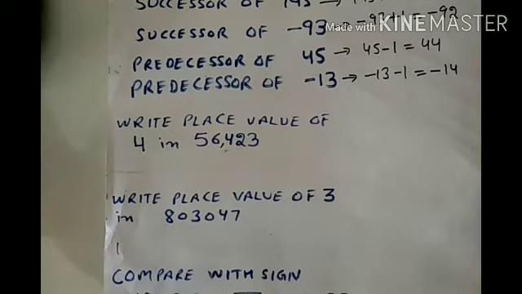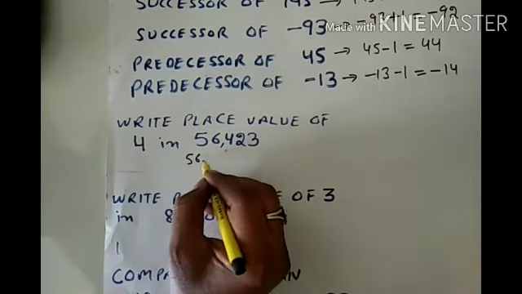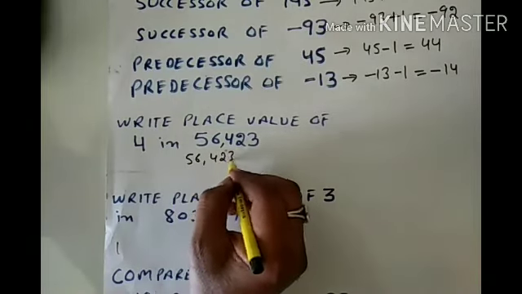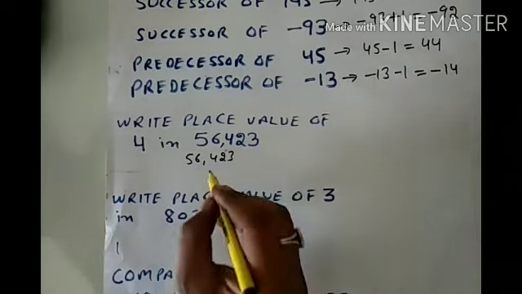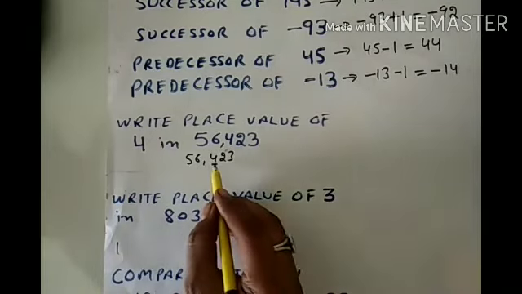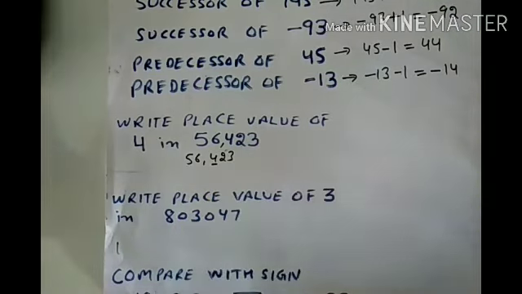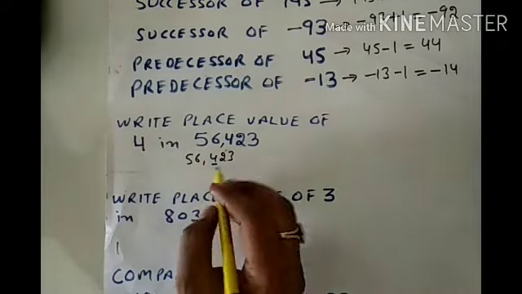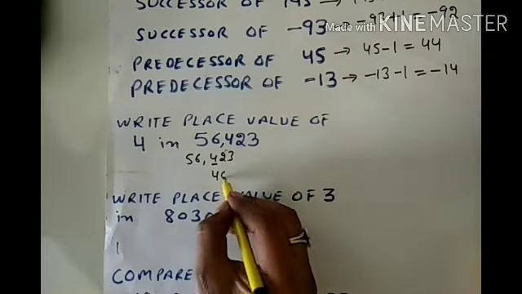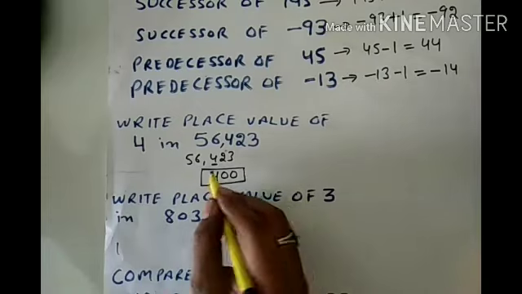Here 4 is the particular digit and I will write 5, 6, 4, 2, 3. Firstly, I will write this and after that I will mark it and count the number of digits after the marked number. The marked number is the given number for which the place value has to be found. So 4, 0, 0. As there are 2 digits, therefore the answer is 400.